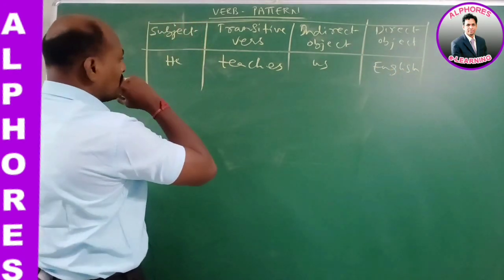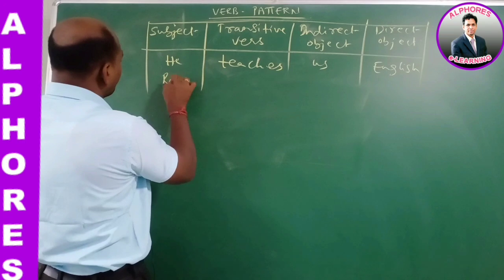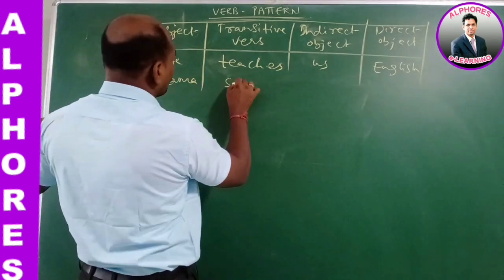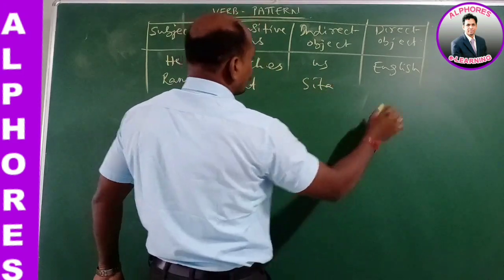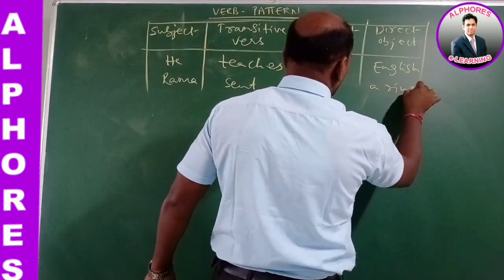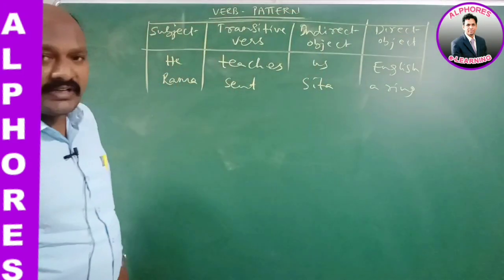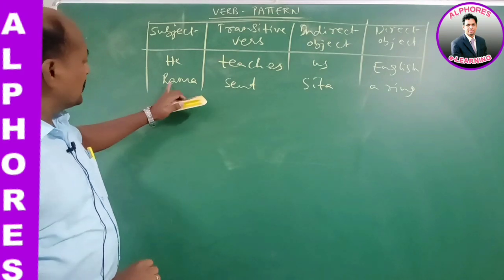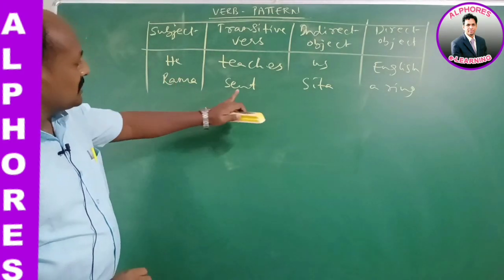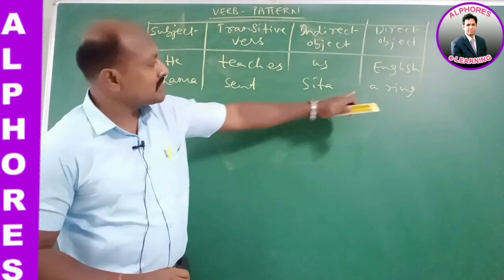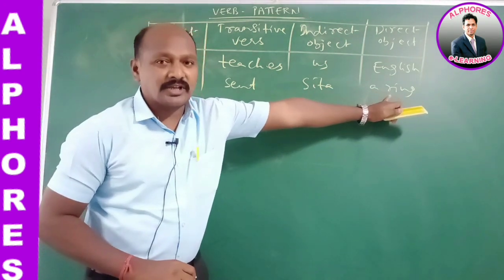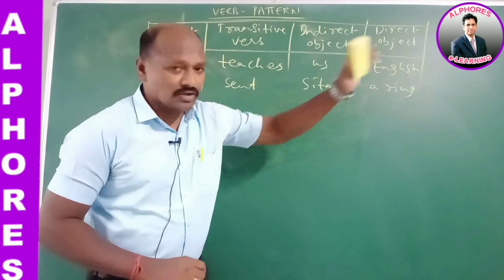For example, one more: Rama sent Sita a ring. Rama is the subject, sent is the verb. Sita is a person, so it is the indirect object. A ring is a thing, that's why it is the direct object.